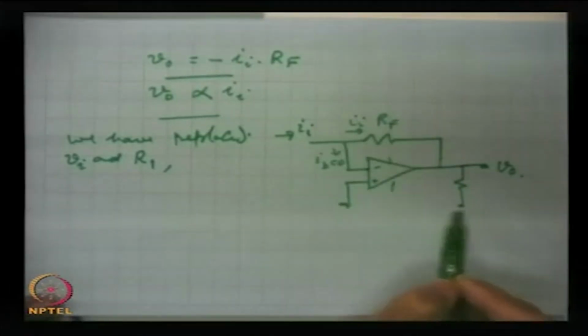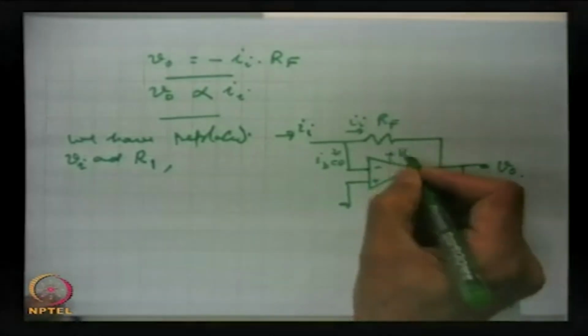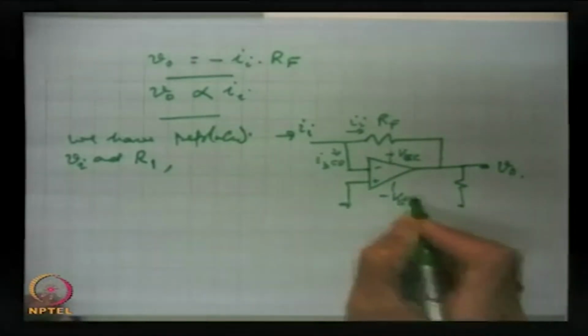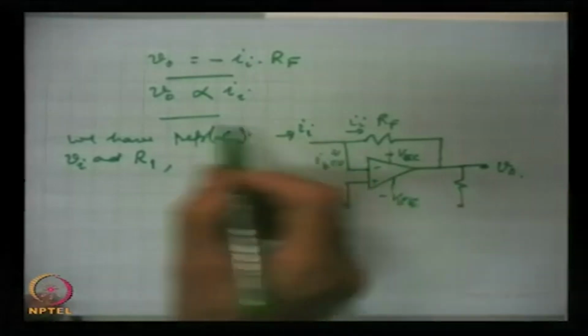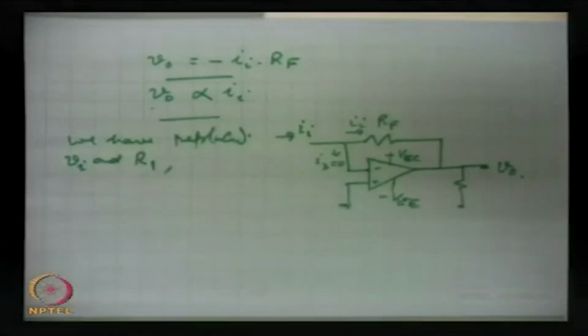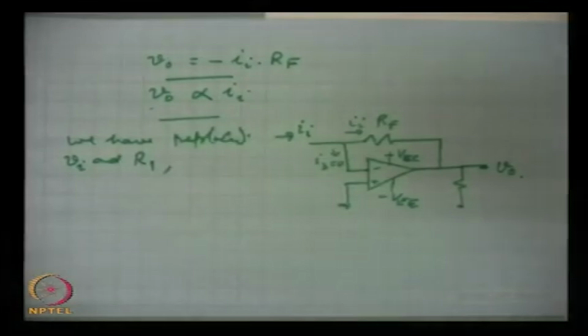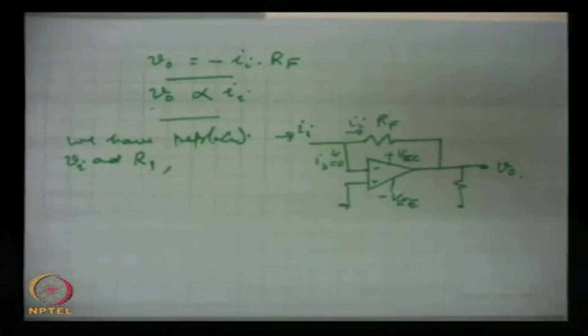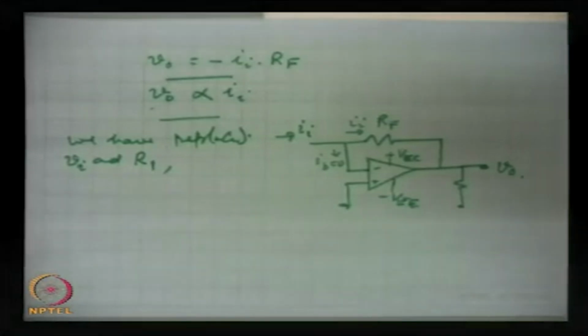And here obviously the output varies according to the input, and hence this is the current to voltage converter.